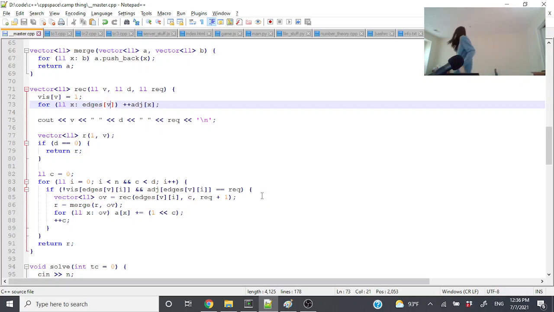Now for each edge, we increase the number of adjacent things it's adjacent to. Now, if this is the end of the line, then just return that vector.